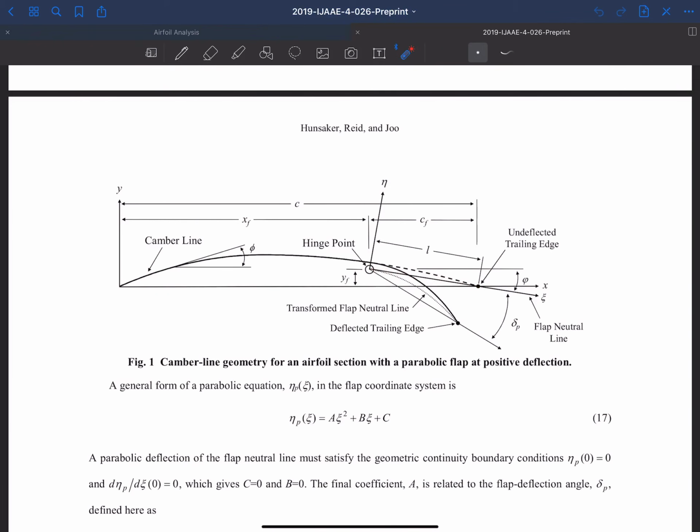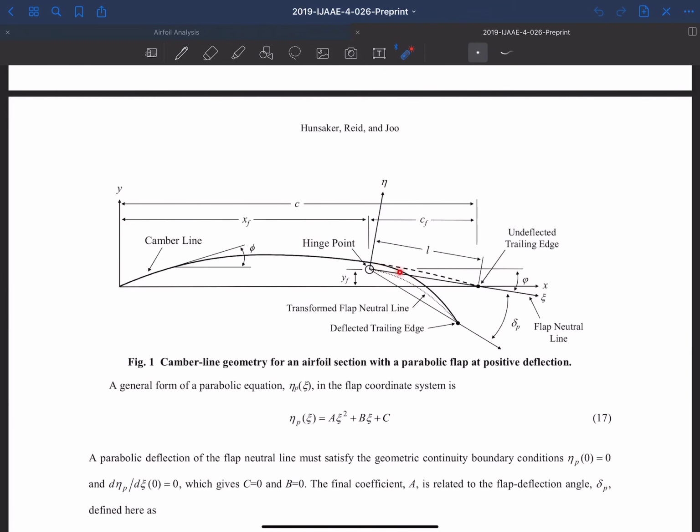And that's a little bit tricky, but you can work through the math here and see how we do that. So anyway, the length of this guy is the same as the original flap neutral line. And then what we do is we just look at the offset of the original camber line to the flap neutral line, and we apply that same offset from this transformed flap neutral line to the new camber line.